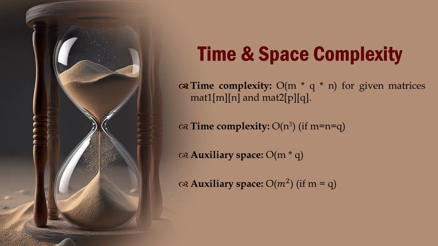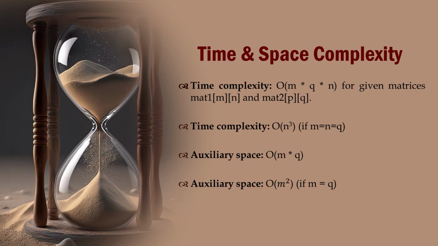If we look closely, the number of multiplications will be m into q into p, because this is a nested loop, three nested loops. The outer loop goes from 0 to m minus 1, the middle one goes from 0 to q minus 1, and the innermost goes from 0 to p.